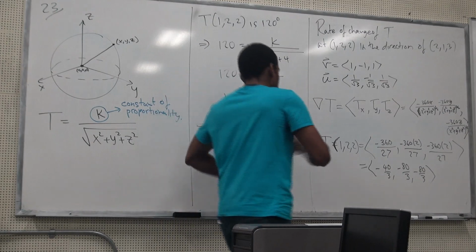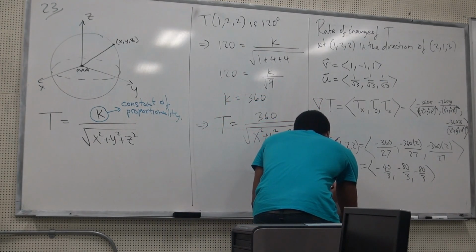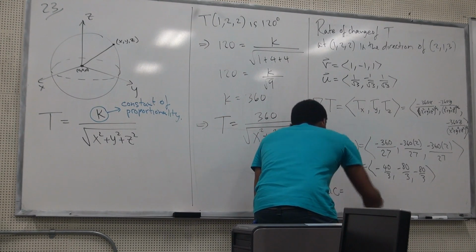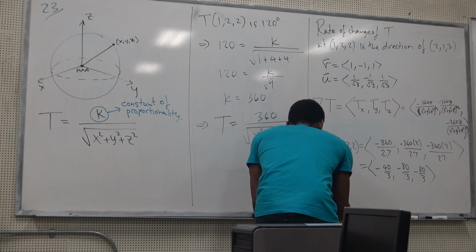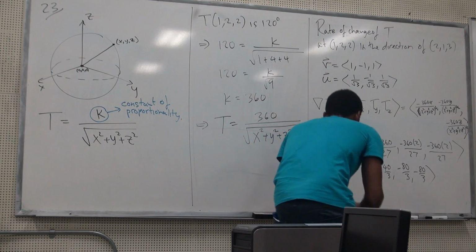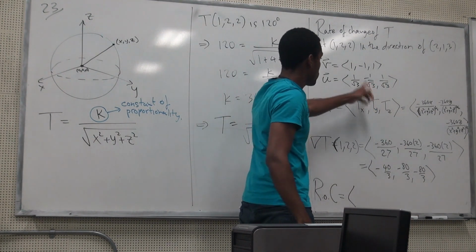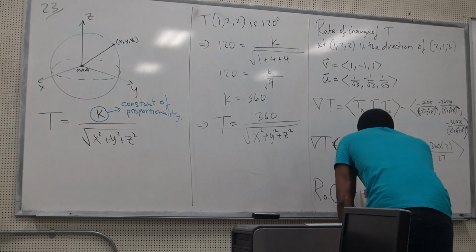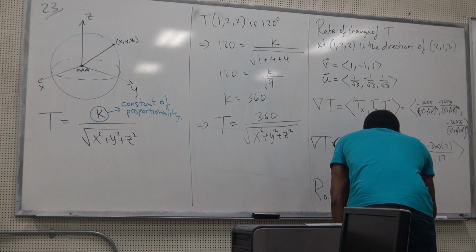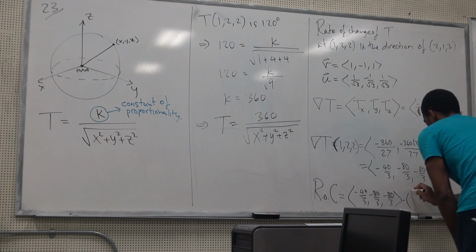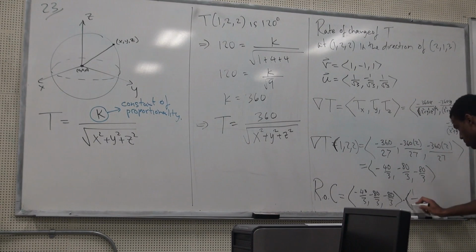And so now the rate of change. Now you just take the dot product for the rate of change. So it's minus 40 over 3, minus 80 over 3, minus 80 over 3, dot product with 1 over radical 3, minus 1 over radical 3, 1 over radical 3.